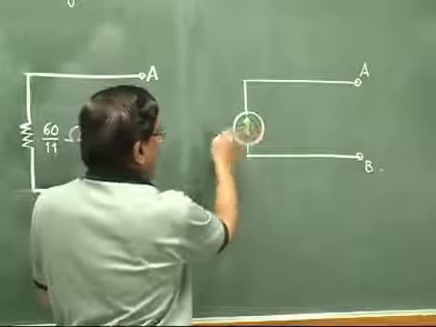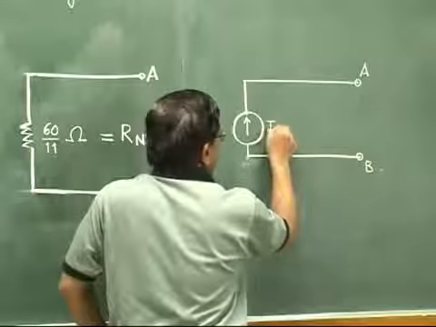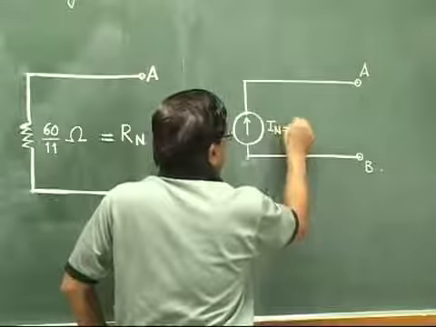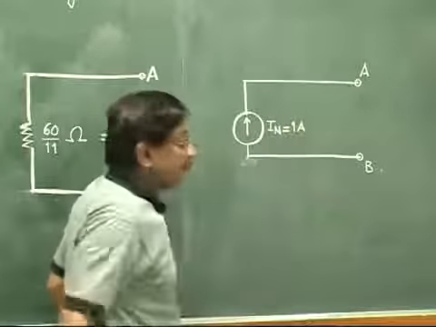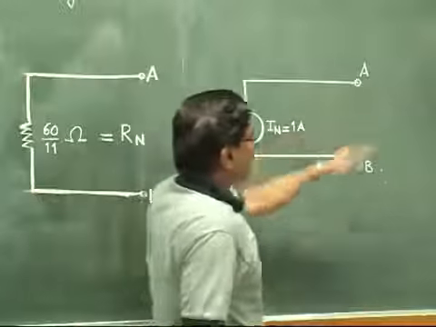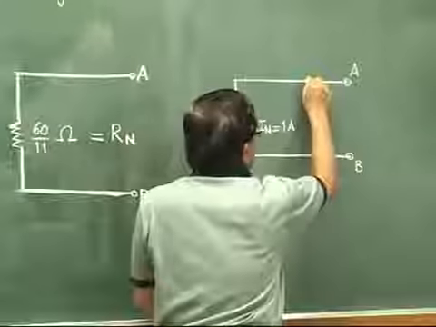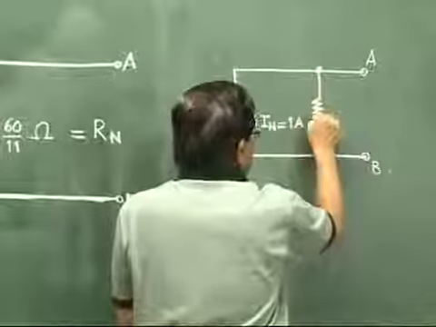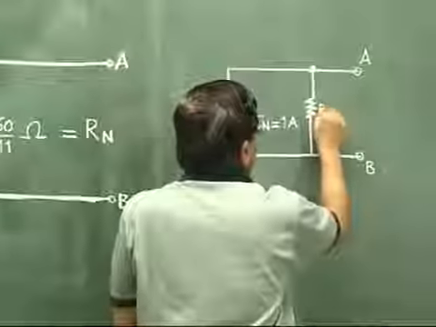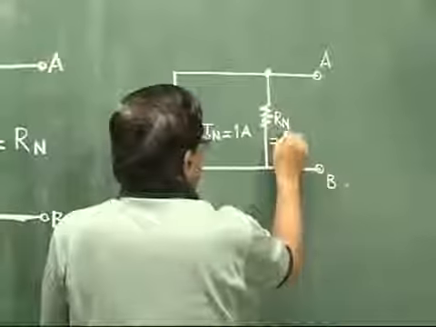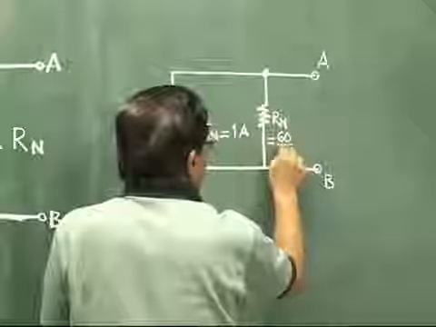Now this is our IN, and this IN is nothing but 1 ampere that we have got. One more thing we have to show. We have to show Rn. It is shown in parallel to the current source. So this is our Rn, and its value is, we have calculated 60 by 11 ohm.